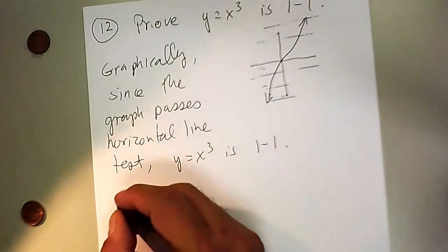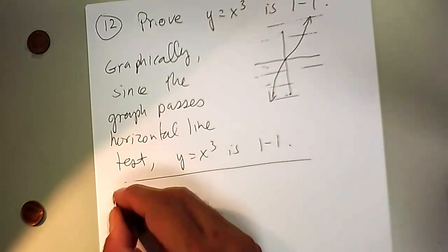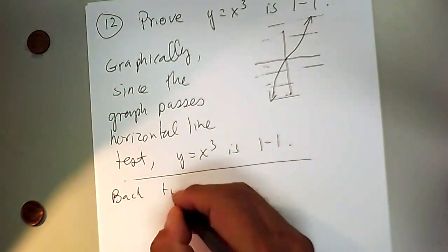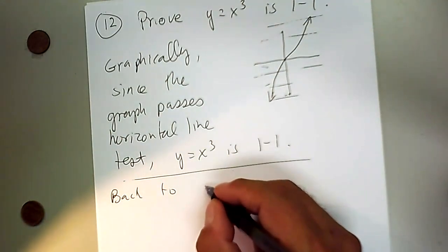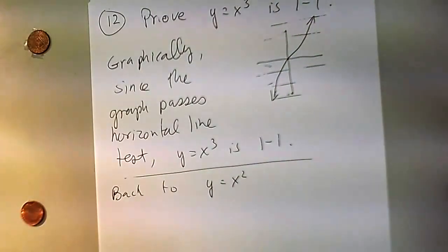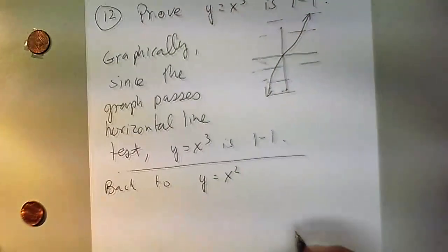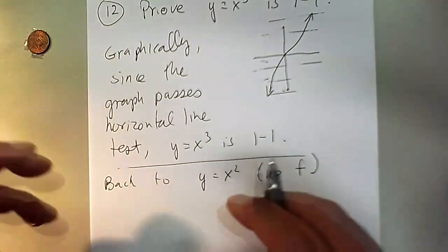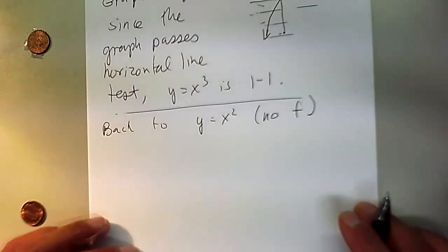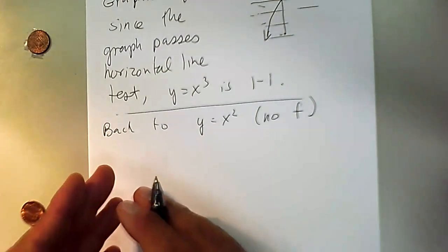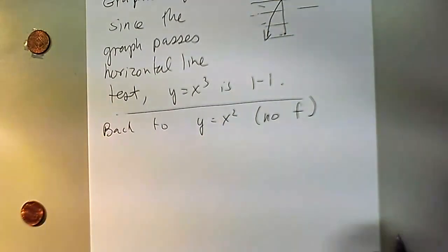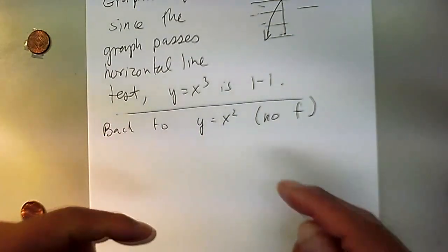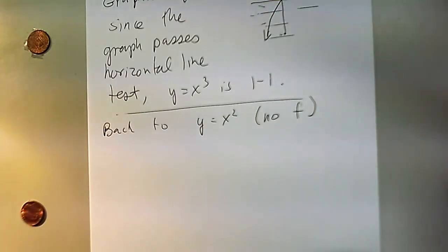So this is the end of this example. Back to y equals x squared. So no f of x. How can I still show what the input and the output are?